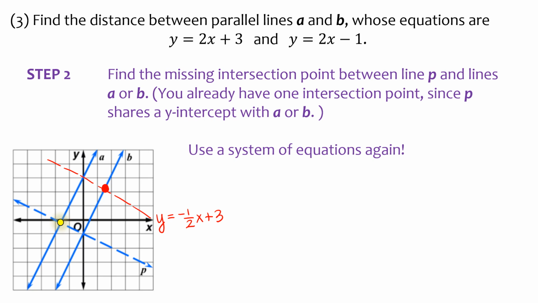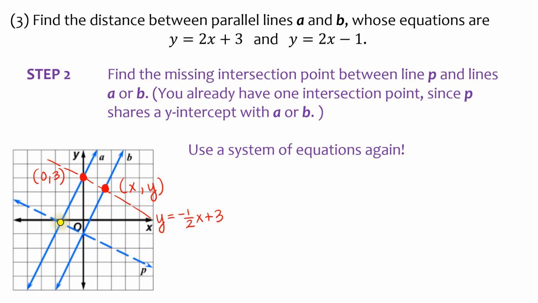It's going to have maybe some decimal or fraction coordinates to it. It's not at the intersection of grid lines like we like. Now we're looking for that point because we already know this one. We already know where line A and P touch, and that's right at the y-intercept, 0, 3. So if I can figure out the x and y coordinates of the other intersection, then I'll be able to find the distance between them.